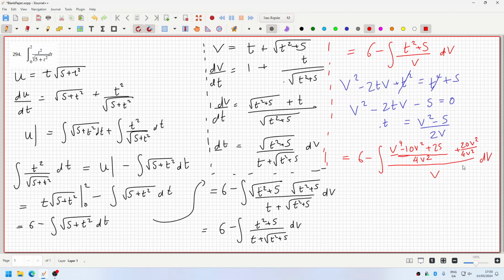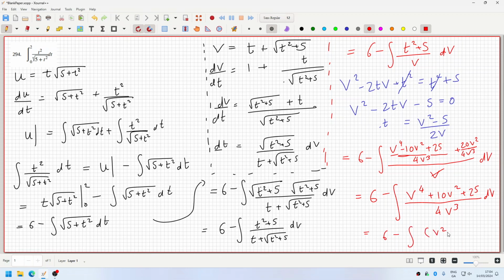So multiply above and below by 1 over v. So that's cubed, and that's cubed. Okay, so that will be 6 minus the integration dv of v power 4 plus 10v squared plus 25 over 4v cubed.